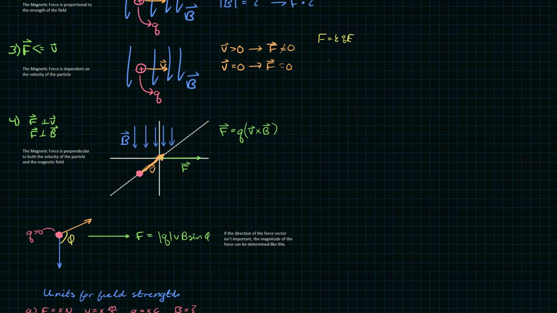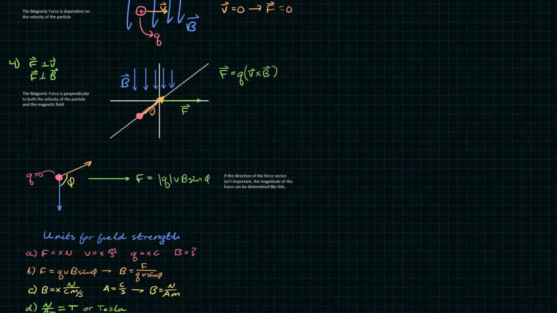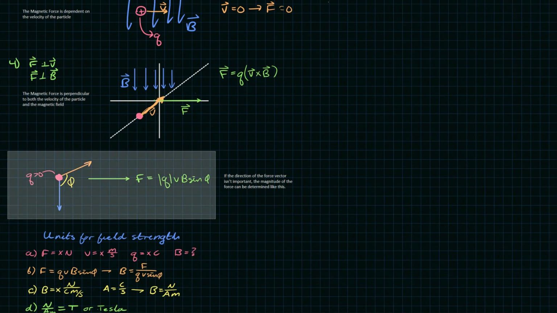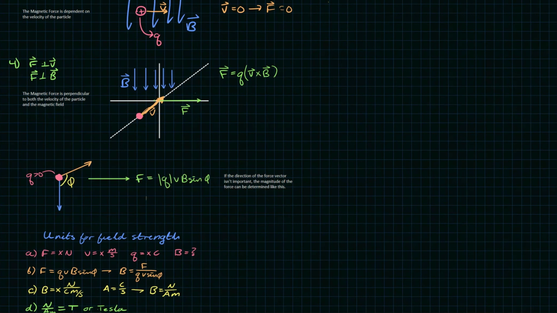Now, if directionality isn't important and you just feel like getting the magnitude of the force, you can use this equation here, where the force is the magnitude of the charge times the velocity times the field magnitude times the sine of the angle between the velocity and the field.